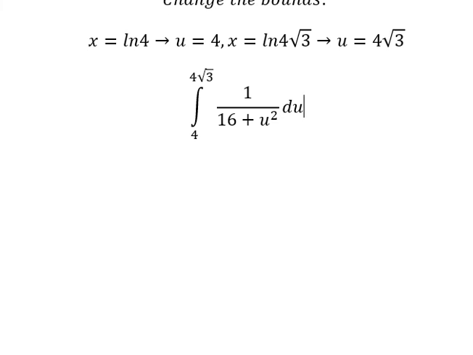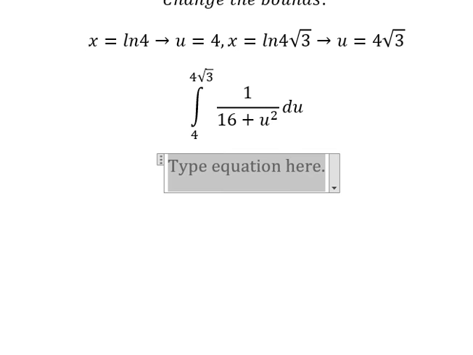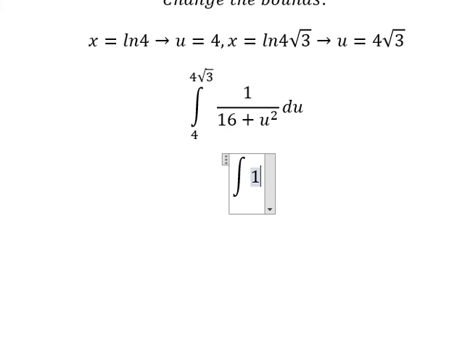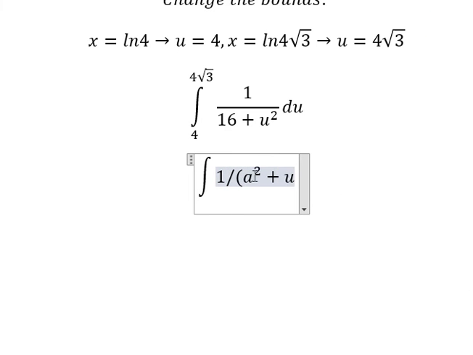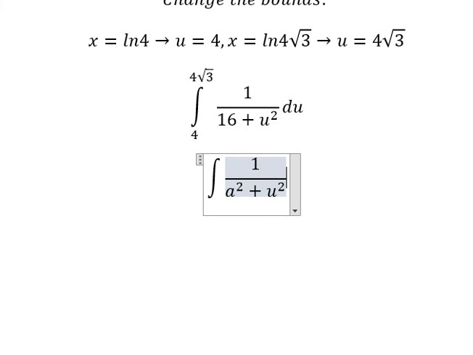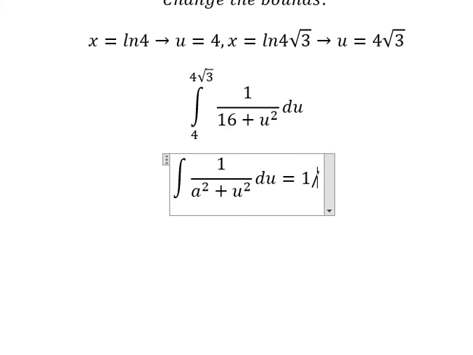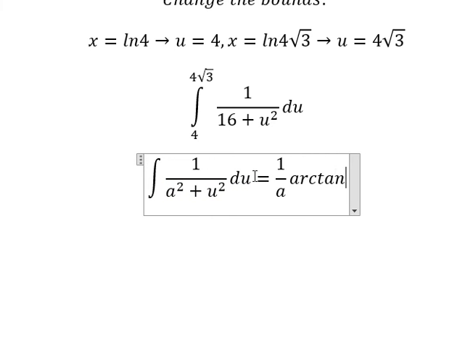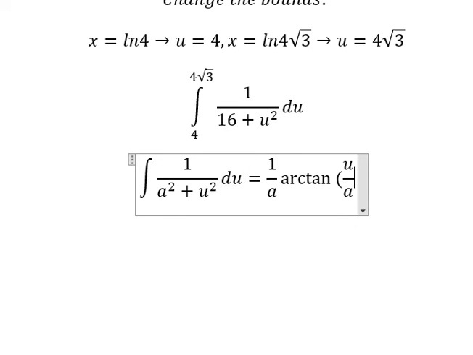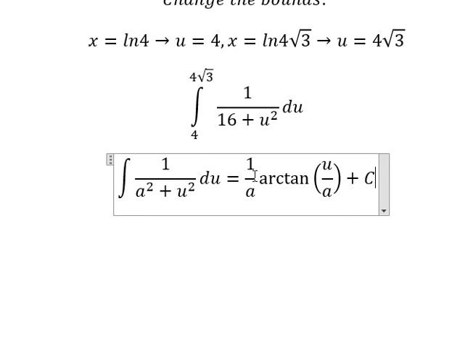Next, we have the formula in here: the integral of 1 over a squared plus u squared du equals 1 over a arctan of u over a, plus c.